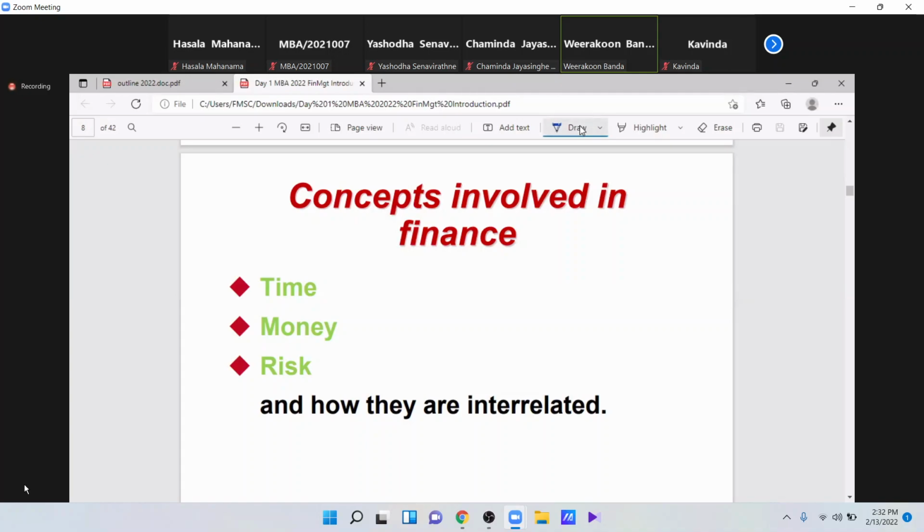For example, if you save some money in the bank, in that case you can estimate what would be the value at the end of the time period.